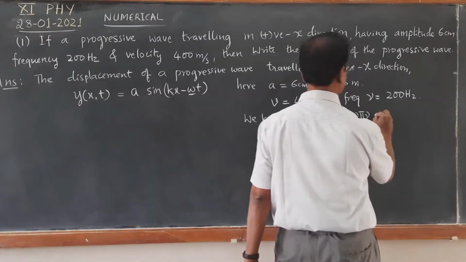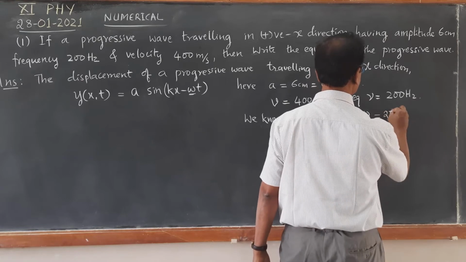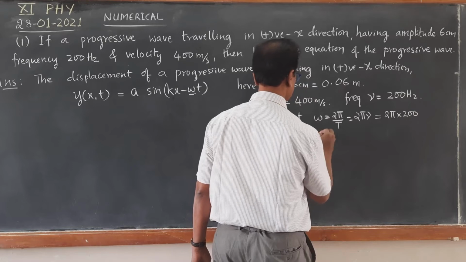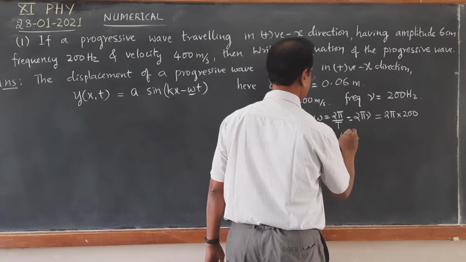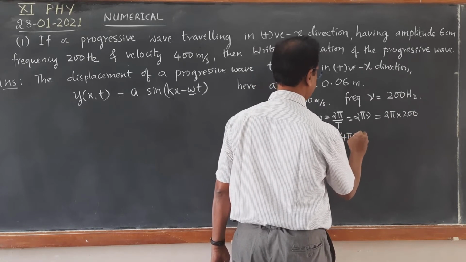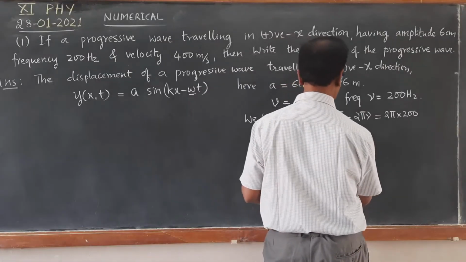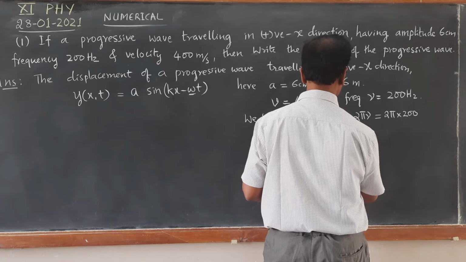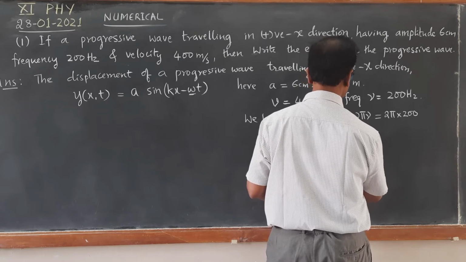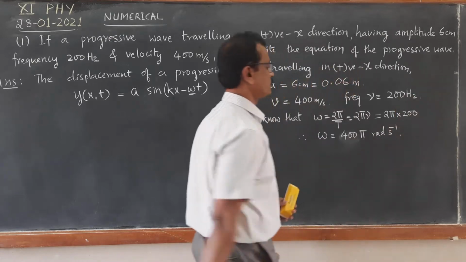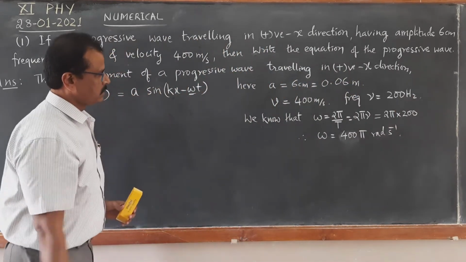So directly we will get 2 pi into 200. This gives us omega equal to 400 pi radians per second.